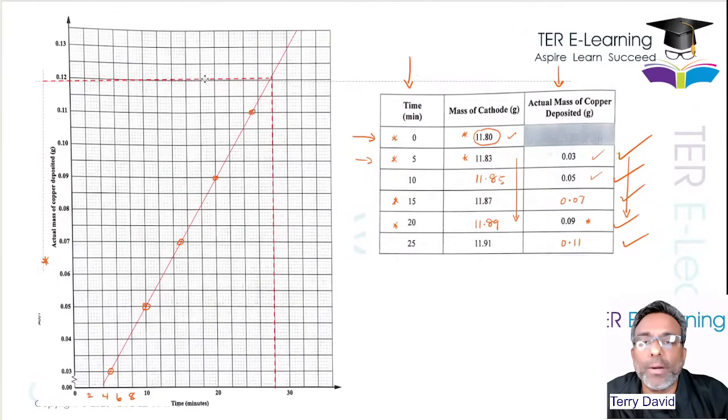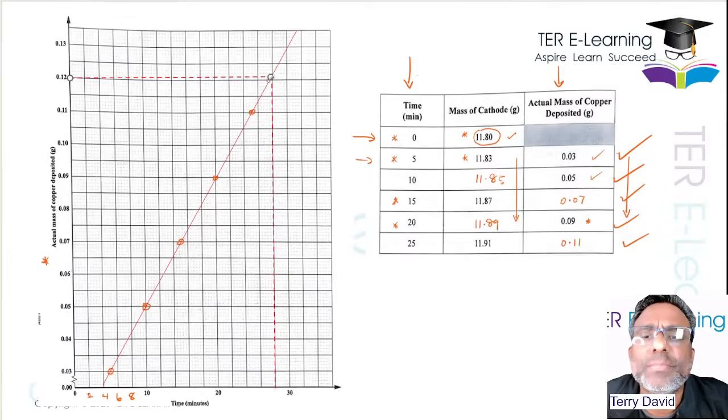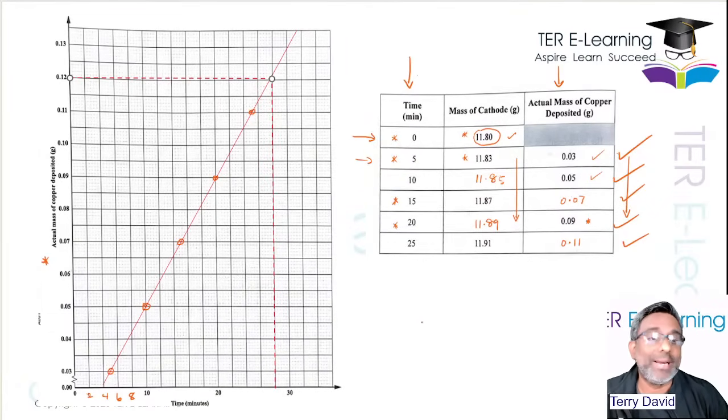Now remember, you might get an answer that's slightly different, because you'll notice this copy of the paper is kind of warped here. So if you get something around 0.12 or 0.121, that'll be the answer. This graph paper is a little warped.